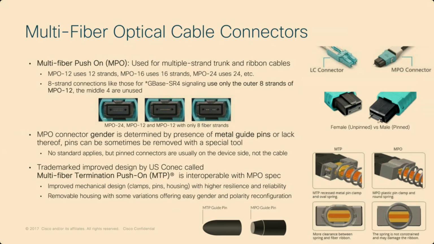So if you are using a signaling standard that uses 8 strands of fiber, as is typical for things like SR4 or LR4, typically you're going to have an MPO 12 connector, which is technically something that can support 12 strands of fiber, but you're only going to use the outer 8 strands of it.